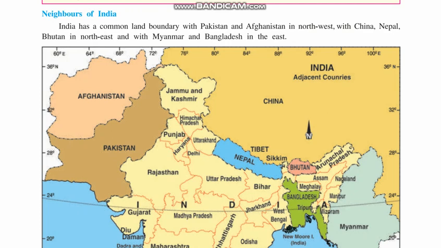India has a common land boundary with Pakistan and Afghanistan in the northwest, and China, Nepal, and Bhutan in the northeast, and with Myanmar and Bangladesh in the east.